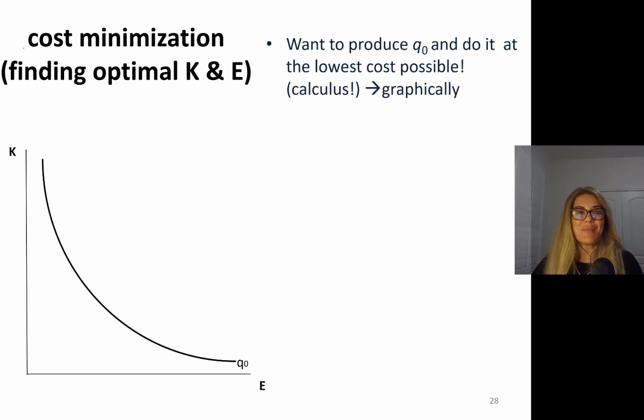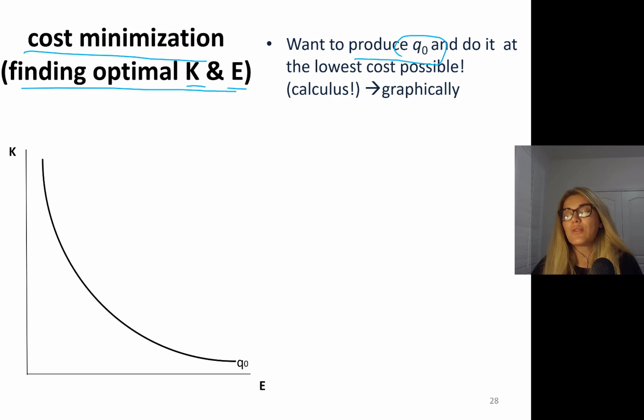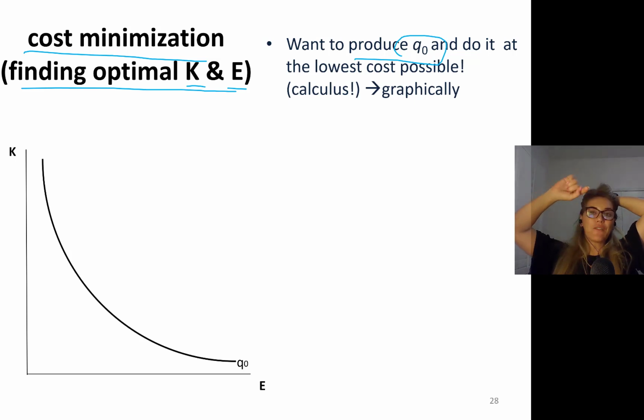So cost minimization. This is the fun part. It's very easy. We are trying to find the optimal level of capital and labor that would minimize my costs. I want to produce Q0. I don't know if this Q0 is the best level of output, or if it is profit maximizing.